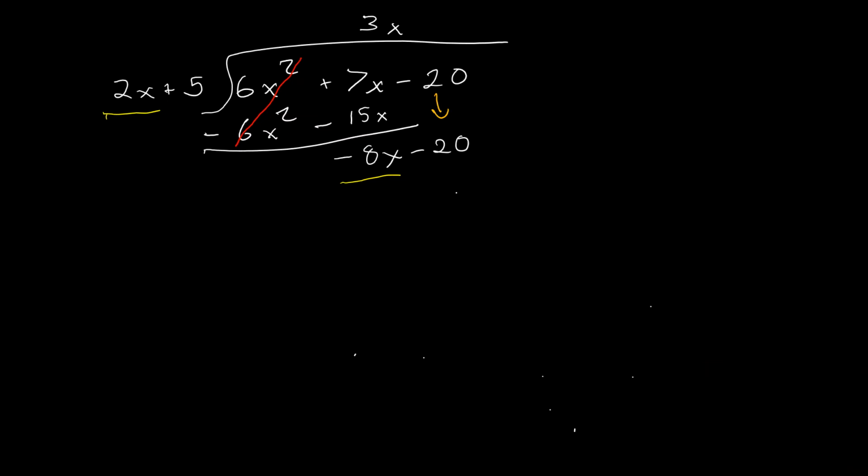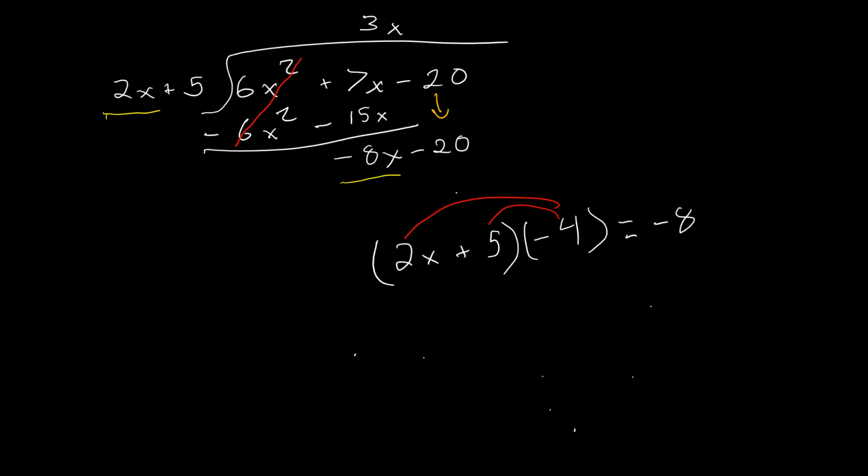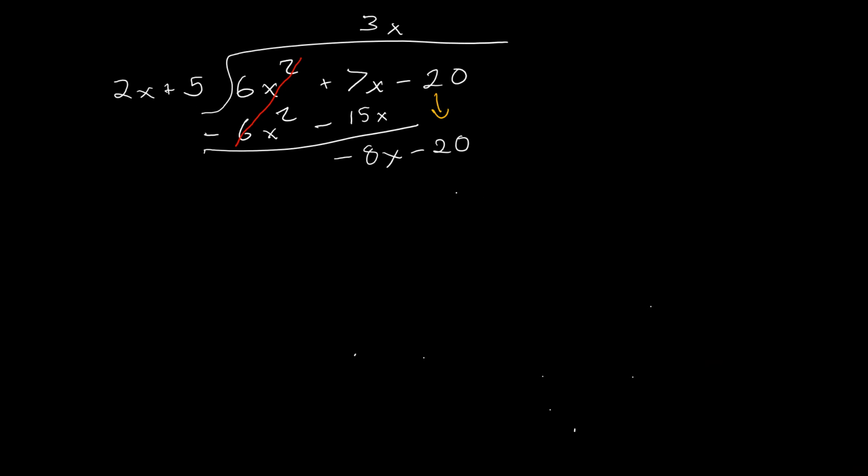what we can do is multiply 2x plus 5 by negative 4. This would give us negative 8x minus 20. And I don't know about you, but that seems pretty perfect to me.